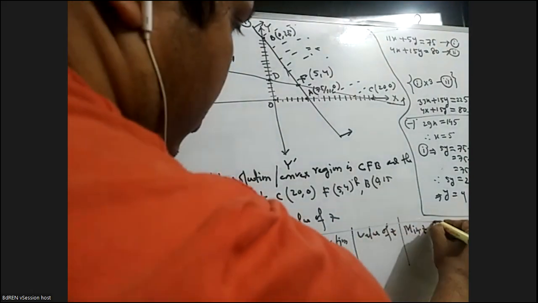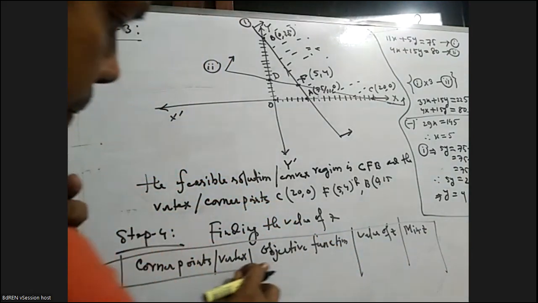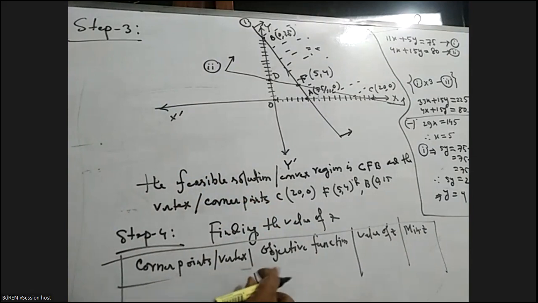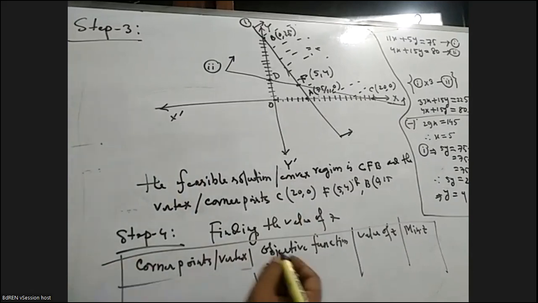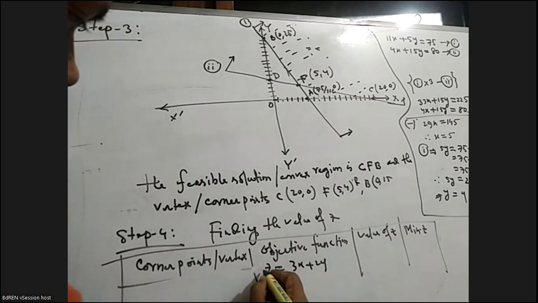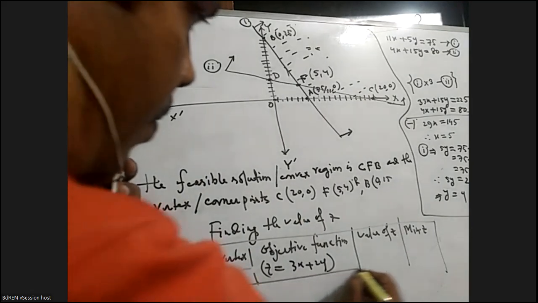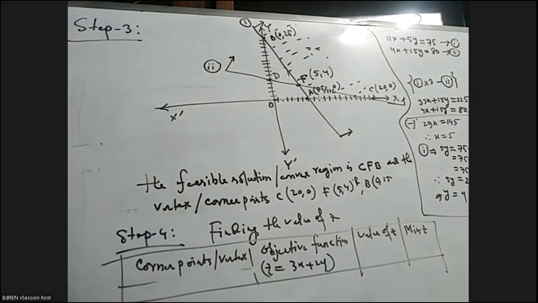We have to draw the same table. The objective function z equals twice x plus twice y. Now, what was the first point?